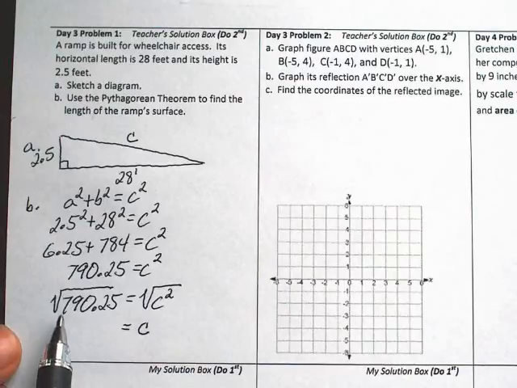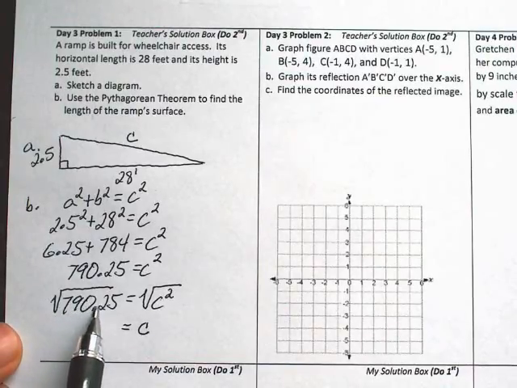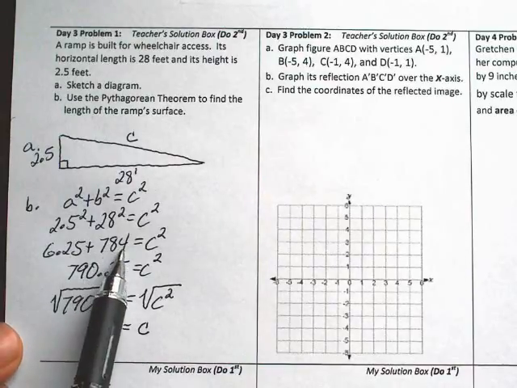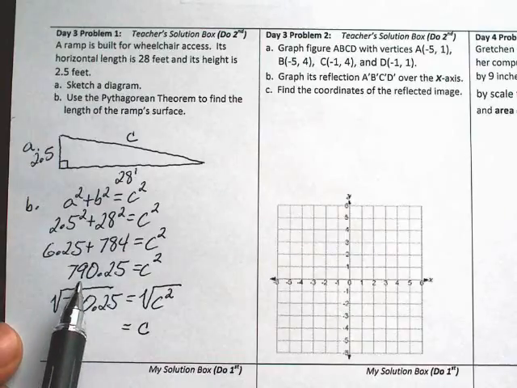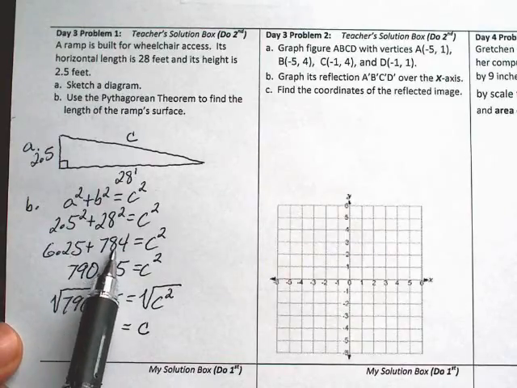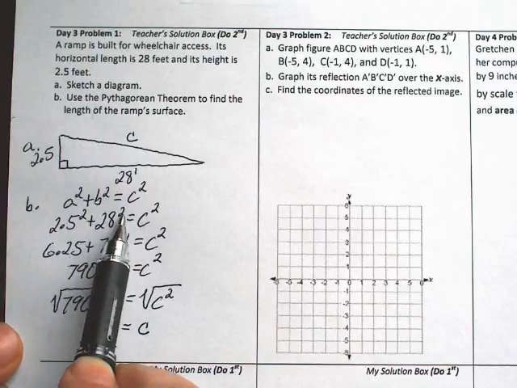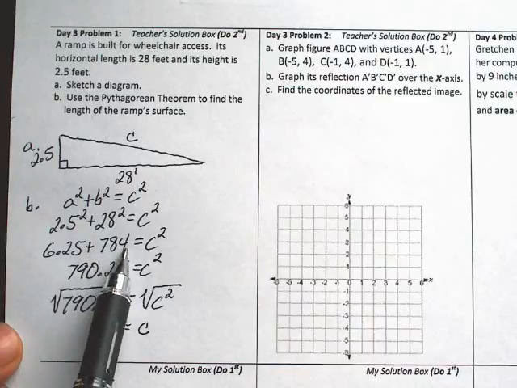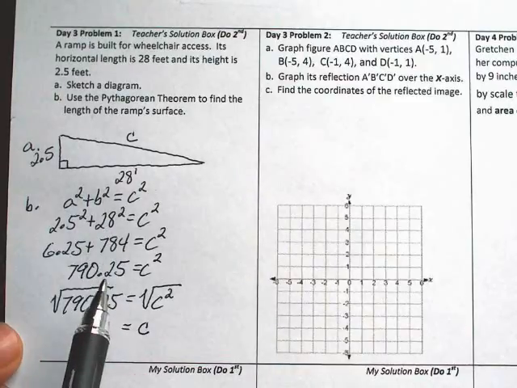And now let's figure out the square root of 790.25. This is not going to be a whole number, so the best we can do is to make a guess out to 1 decimal place. Now, remember that 784, which is very close to 790, we got by finding 28 squared. So the square root of 784 would be 28.